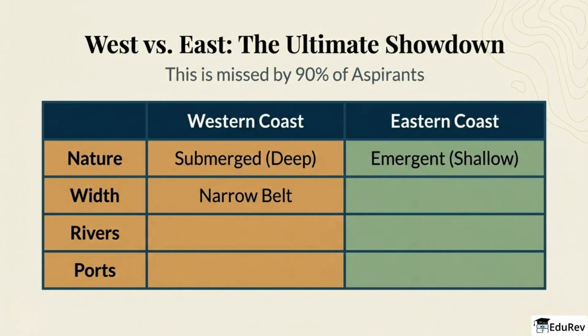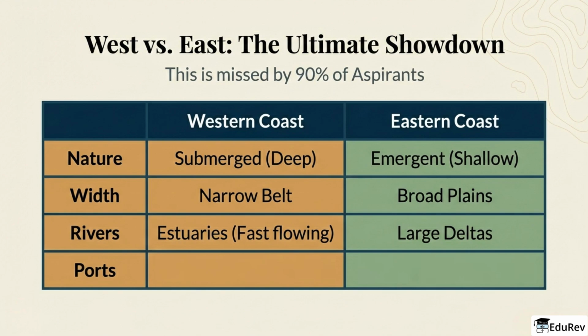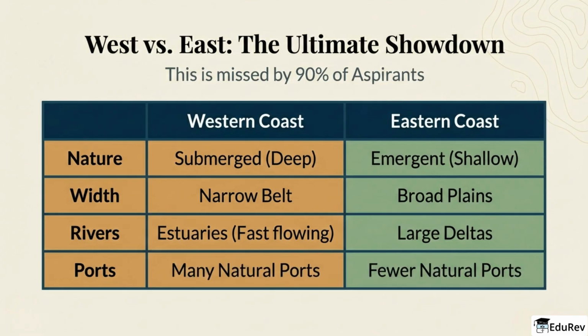Eastern coast is emergent and shallow, so it spreads out into broad plains. Western rivers are fast-flowing and form estuaries. Eastern rivers build large deltas. Western coast has many natural ports. Eastern coast has fewer natural ports.